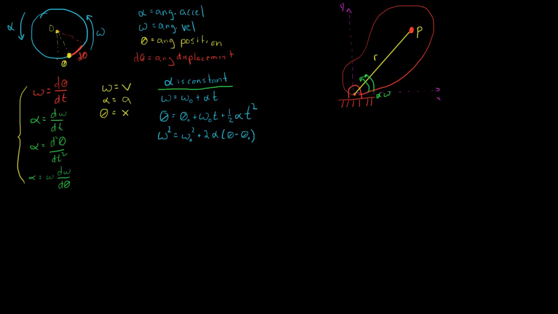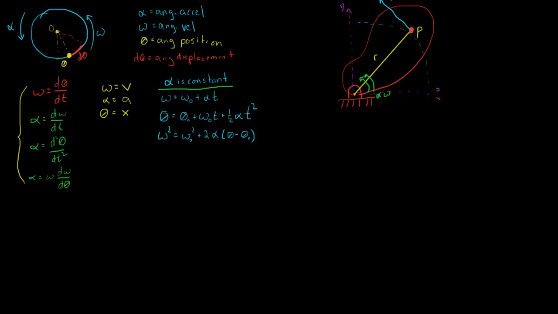Because it has an angular velocity and acceleration, point P is going to look like it moves on this circular path. I'm going to make this a different color to distinguish it from our coordinate axis. Point P moves on this circular path right here, and at this point it has a velocity, which is always tangential to the path it's moving.